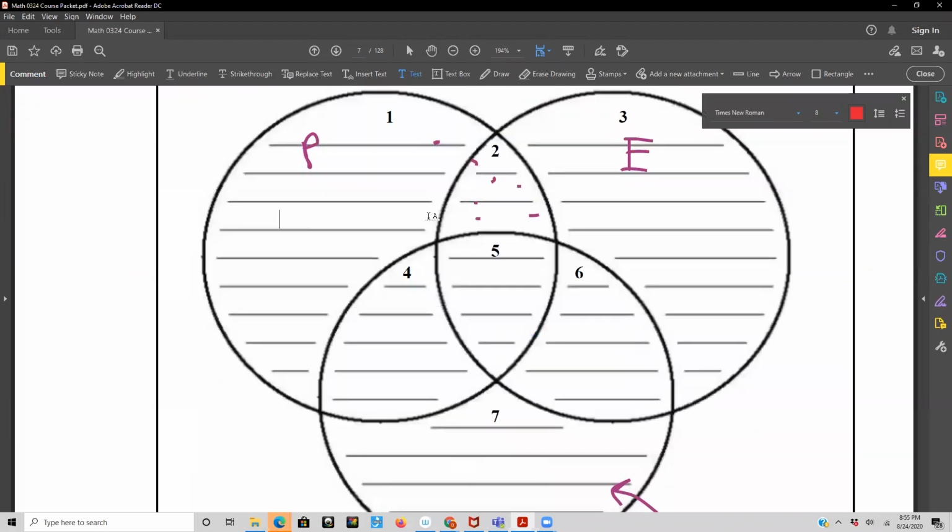All right, region 6. You see that there's only two circles that are overlapping here. Which one is out? If I look at region 6, it's just right here. It's the overlap of E and A. This is circle A, but not P. So that means I can explain it and apply it, but I can't perform it. Explain, apply, but not perform.